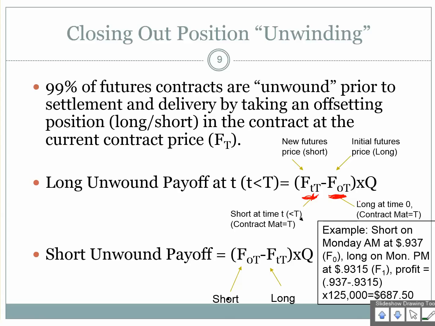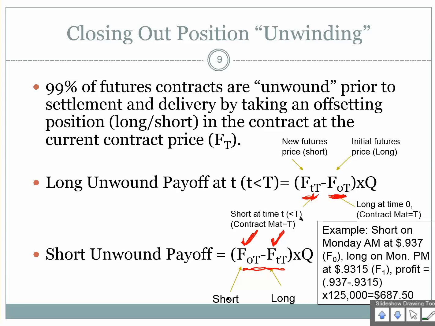If you're short, we just take the negative of that payoff function. If I initially go short at F0T, that means I'm contractually obligated to deliver, say, euros and receive the futures price. I could go long the next day and a commitment to buy at this futures price, and therefore I am now out of the contract. I have a contract to first sell it and then buy it. I'm out of the contract.